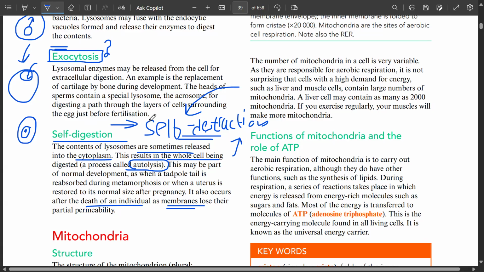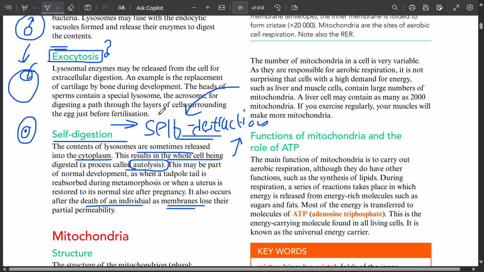So once the birth has taken place, can you tell me what would happen to that wall of uterus now? It falls, like menstruation. Exactly. So how is that caused? Lysosomes. Because the wall is made up of what? The cells, endothelial cells. You have studied that as well, right?